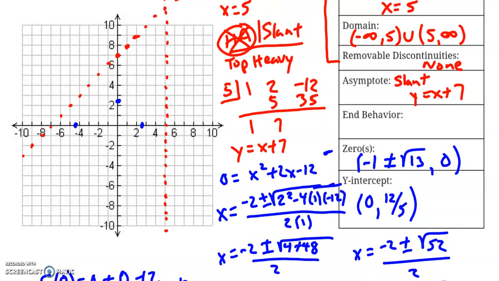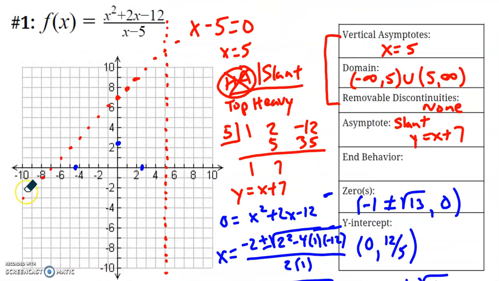this graph, because you can see how this makes like an X here. We definitely have this graph here, this portion of it going on, where it goes along our slant and our vertical asymptote. But there actually is another portion up here.